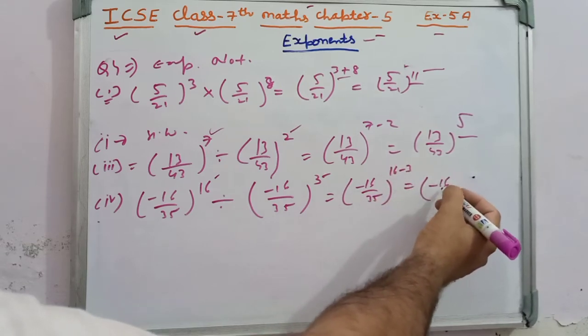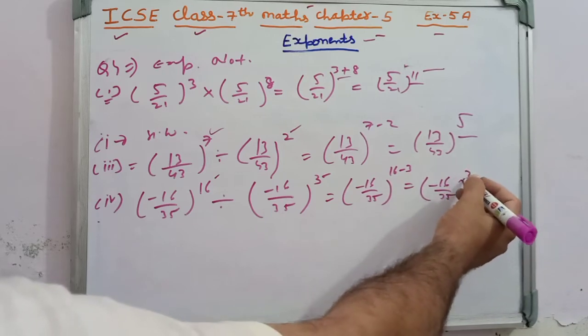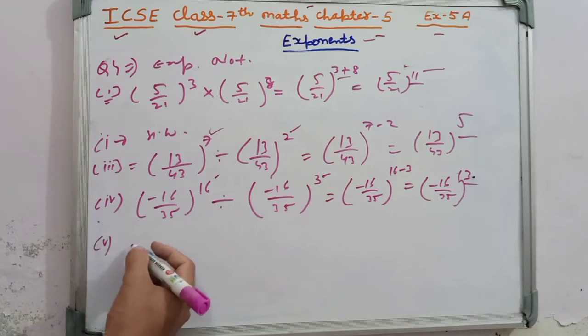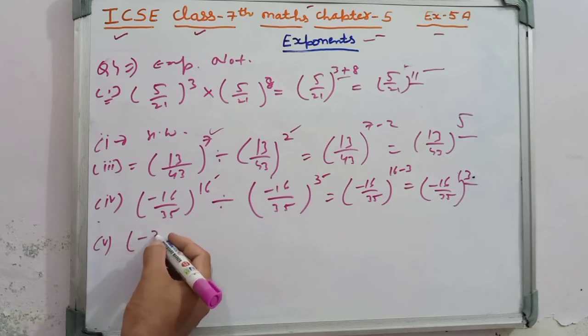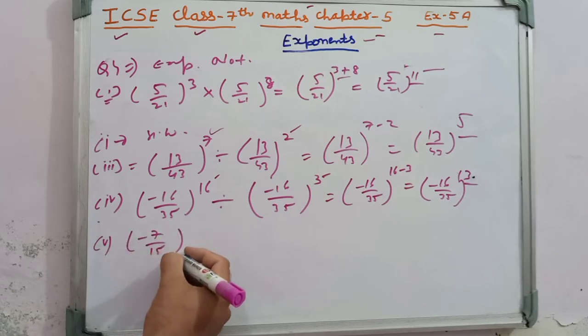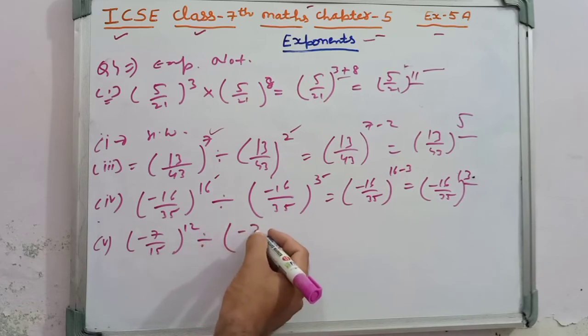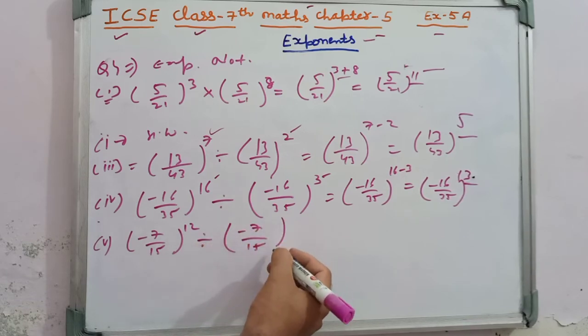Answer is minus 16 upon 35 raised to power 13. Now fifth, minus 7 upon 15 raised to power 12 divided by minus 7 upon 15 raised to power 15.